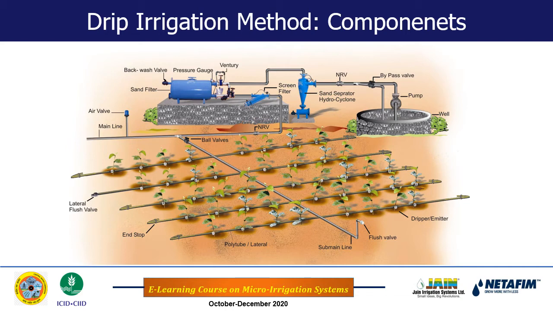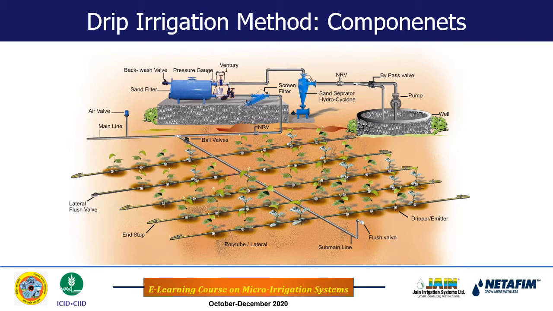Sometimes what will happen is that we may not need the entire discharge, because we design the system for the peak water requirement, and in actual operation we may need less discharge. Or at the same time we may have a different number of emitters for different subunits, so we need different discharges to operate the different subunits.